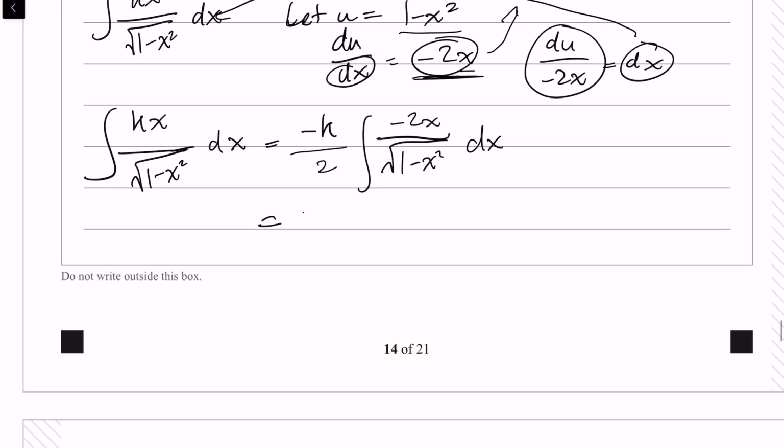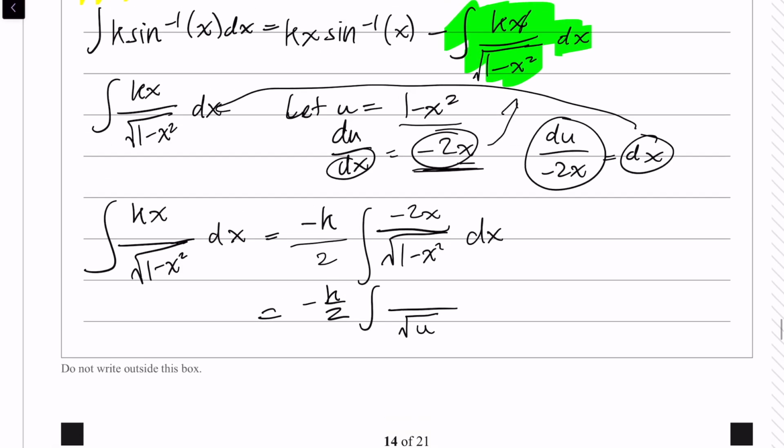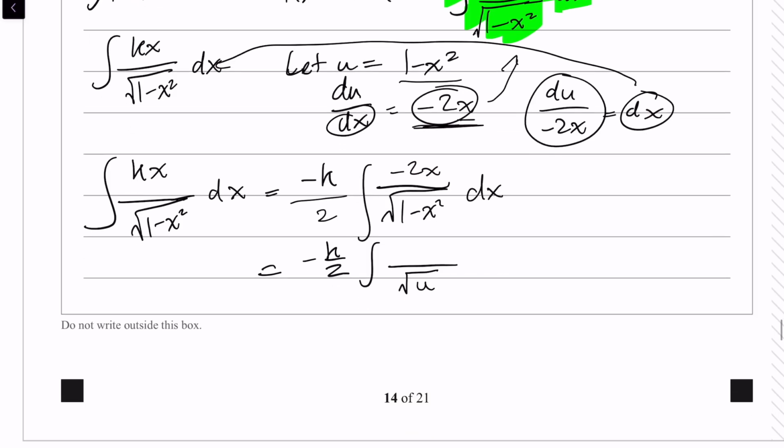So I can do negative k over 2 integral of, well, I know in the denominator that's going to be the square root of u because I let u equal 1 minus x squared.